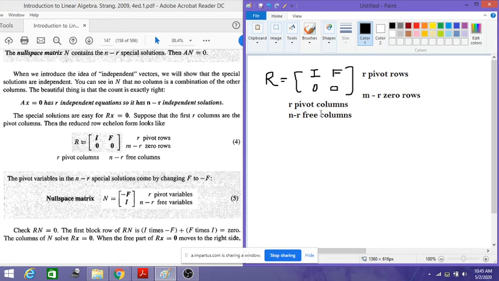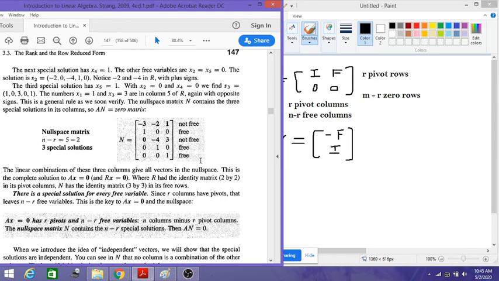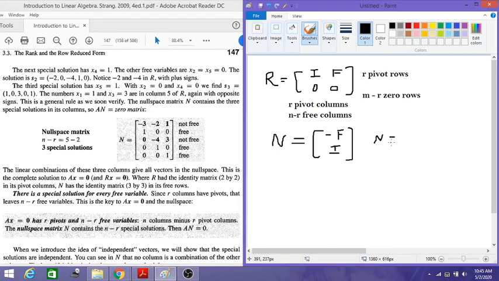So if you write this in terms of the null space matrix, the null space matrix N is equal to minus F and the identity matrix, as we can see from the previous example. In the previous example we had N equal to, I'll just write one of the columns, minus 3, 1, 0, 0, 0. So how did we get this minus 3? Minus 3 is the value of one of the free columns, and the I depends on the identity matrix.